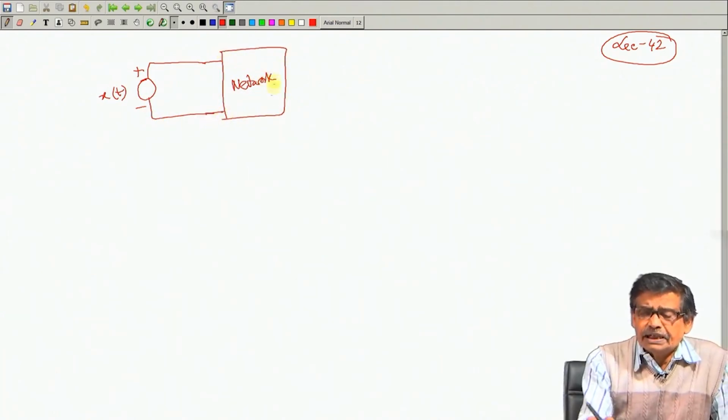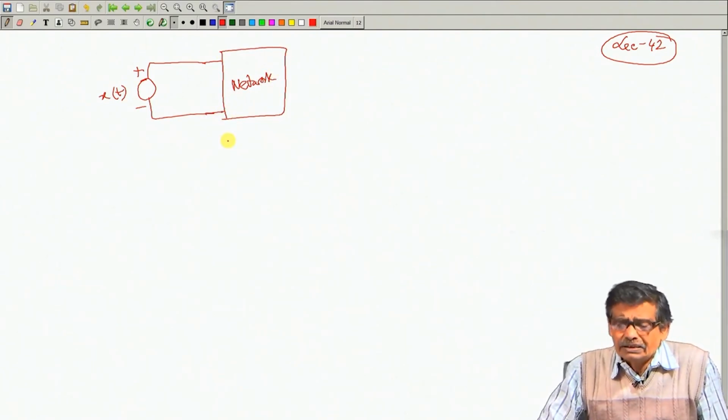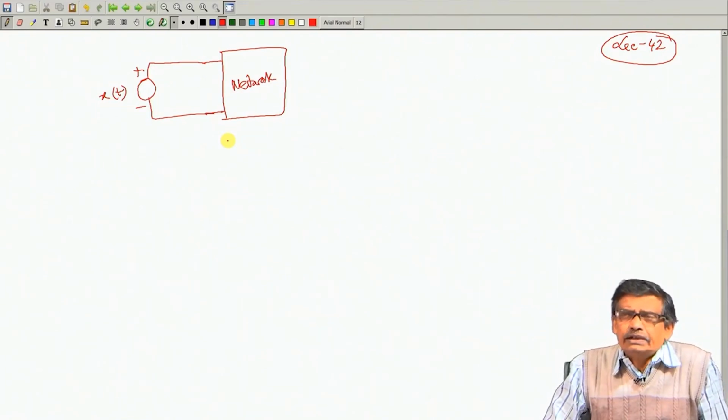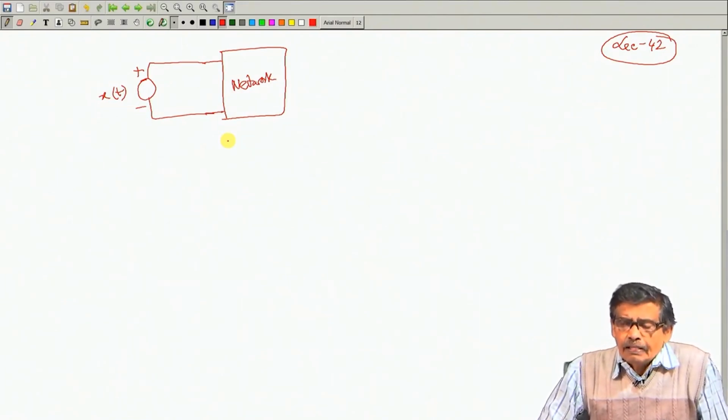You have to write down the KVL and KCL equations correctly and get the current response in the various branches of the network. And one can solve any circuit as it is.